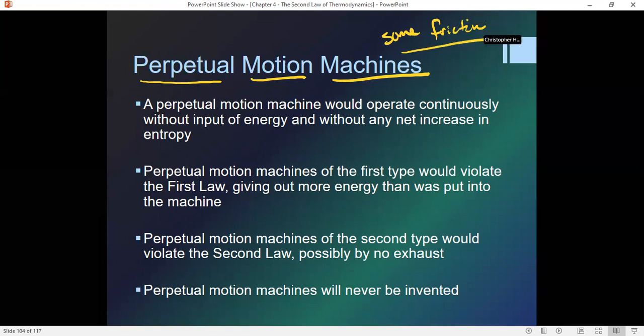There's some friction, some turbulence, some viscosity, and that's going to rob the system of some of its energy. And it's going to turn that energy into heat, okay? That increases the entropy. So really, we can't have a mechanical system that keeps moving forever, okay? As time goes by, that friction is robbing it of energy and essentially increasing the entropy of that system and the universe.